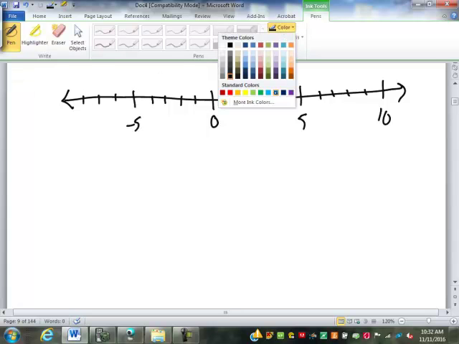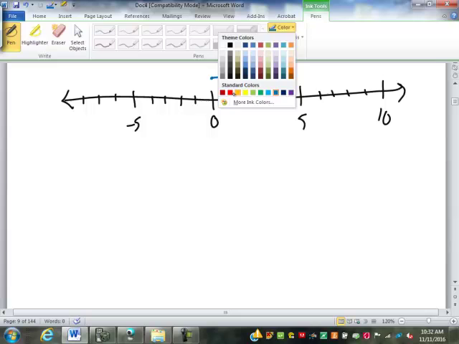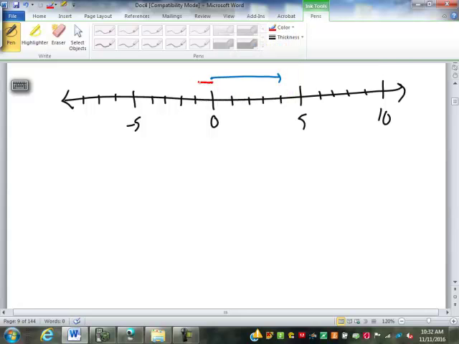One way, if you're dealing with integers and negative numbers, is you can represent numbers with a vector. Like the number 4 would be an arrow that starts at 0 and goes to 4, while negative 4 starts at 0 and goes to negative 4. And if I draw my number line out to scale here, those should be the same length, just pointing in opposite directions.